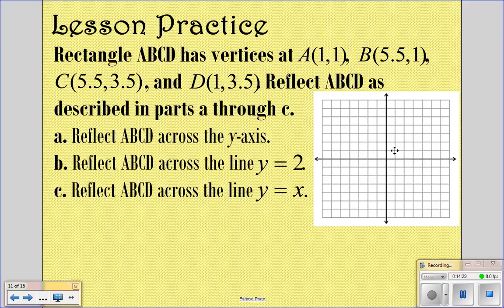So we have A at 1, 1, B at 5.5, 1, and then C at 5.5, 3.5, and then D at 1, 3.5. So A, B, C, and D.